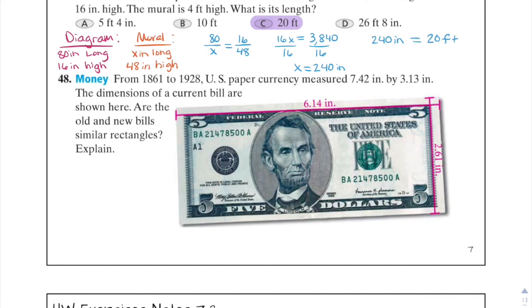6.14 by 2.61. None of us were around in 1928, but some of you might know that year as an important year. That's the year leading up to and after the Great Depression.